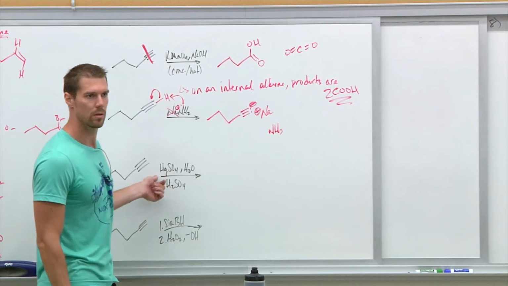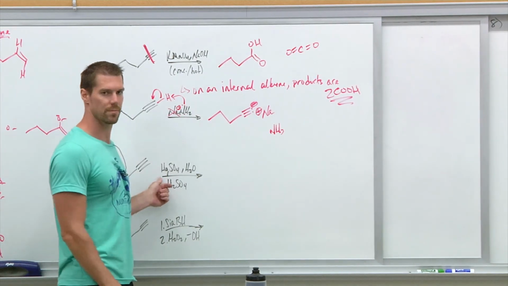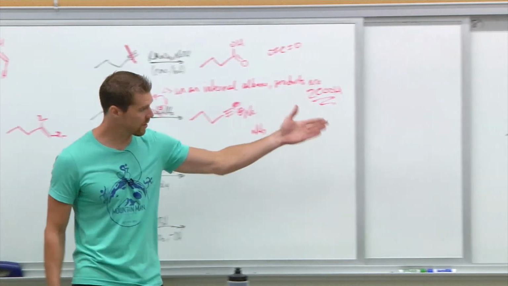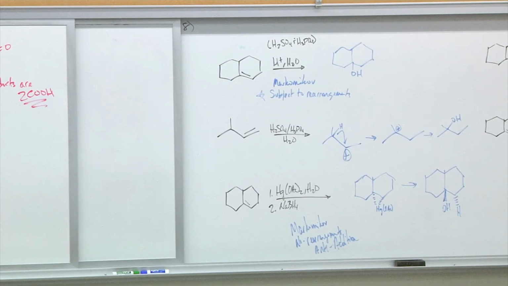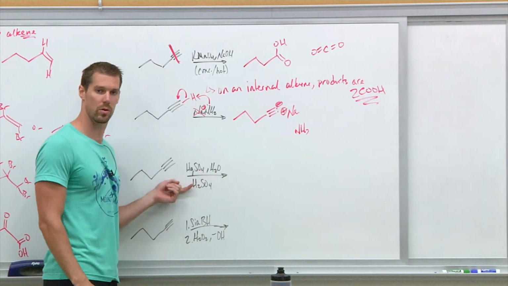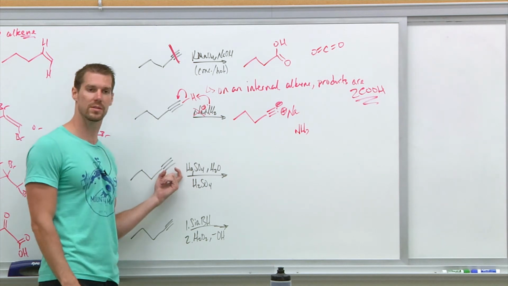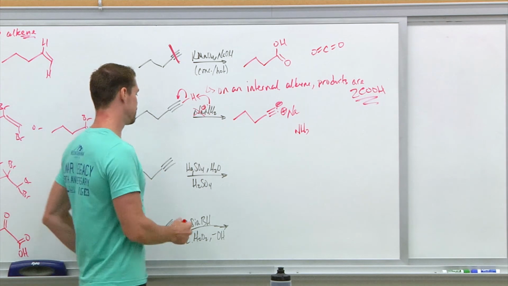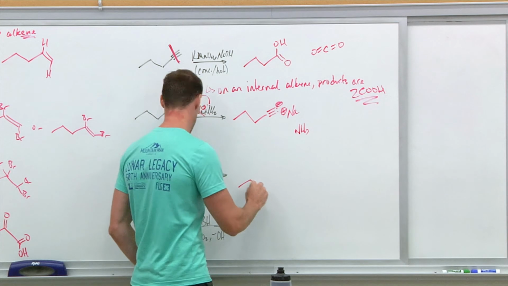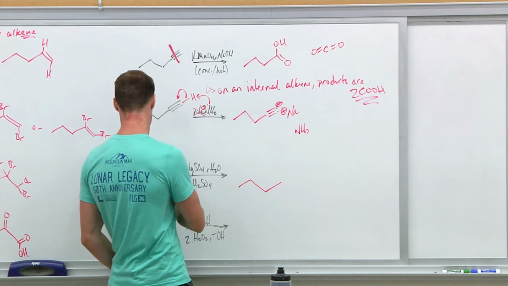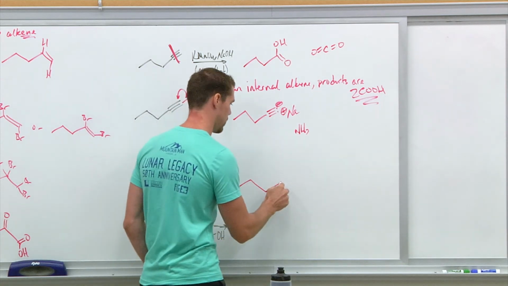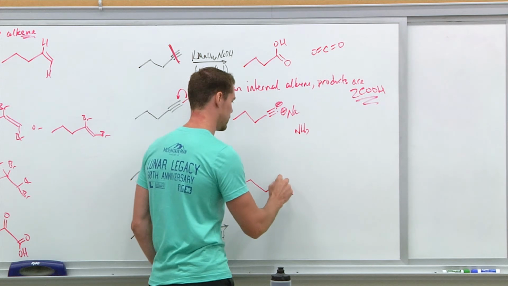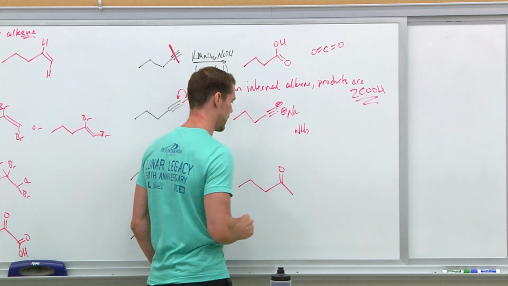Very similar. Oxymercuration, demercuration. It's Markovnikov there. It's the same here. We just have to use a little harsher chemicals because this bond is a little stronger. And what we get here, 1, 2, 3, 4, 5, is a ketone.